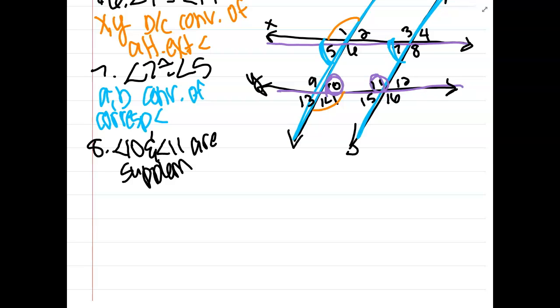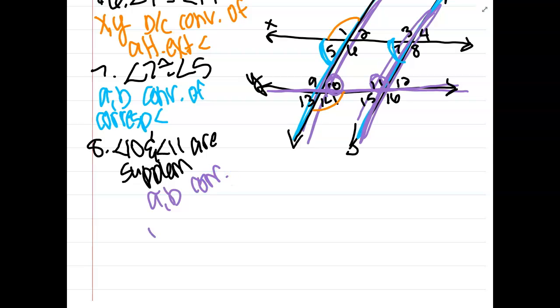You see that? They are interior of A and B and on the same side of the transversal Y. So the lines that are parallel are A and B because of the converse of the same side interior angle theorem.